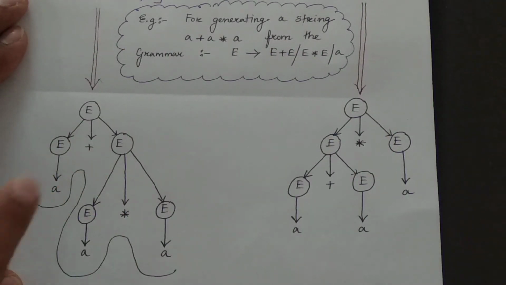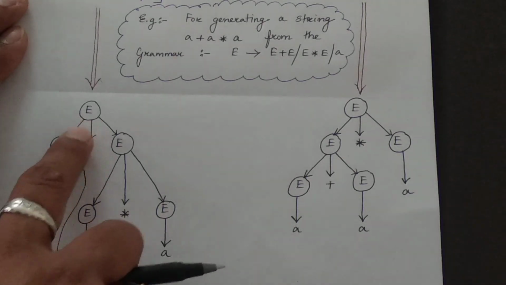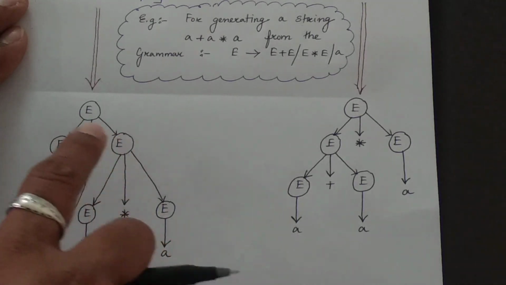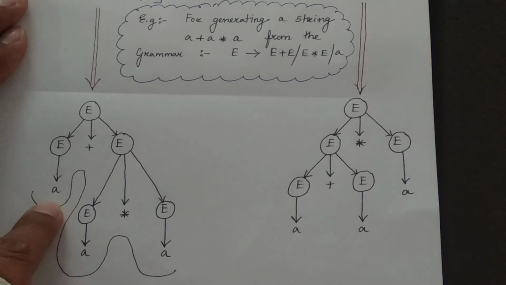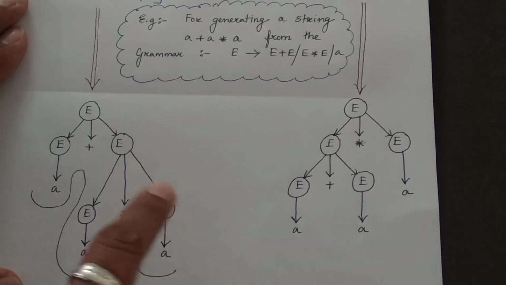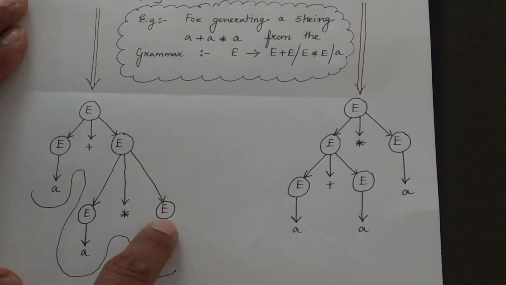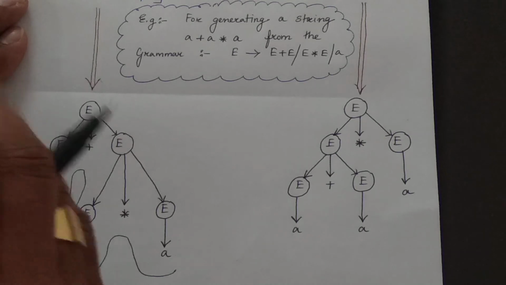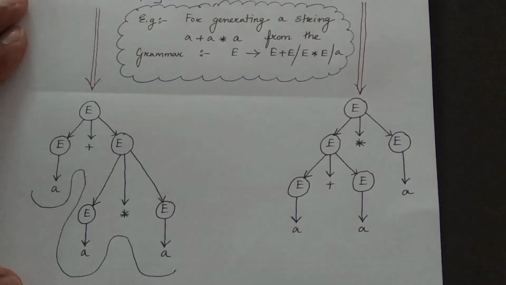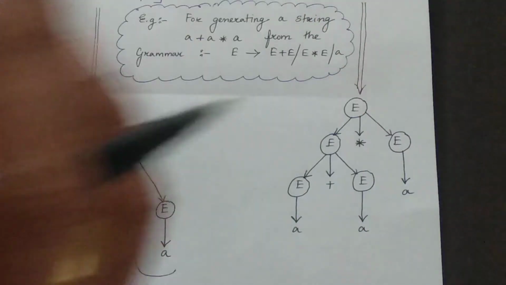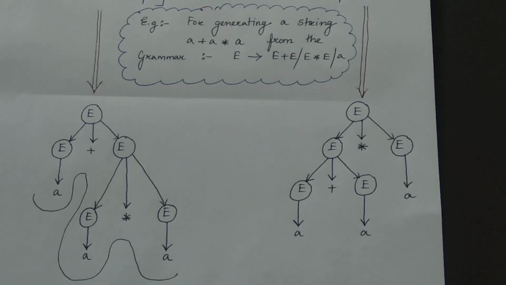And in the left derivation tree, I have done first E plus E. First I will eliminate E by a, then I will eliminate E by E asterisk E, and then I will eliminate this E by small letter a, and then finally this one. That means left-hand side till right-hand side, and right-hand side till left-hand side. This is just a brief description of the left derivation tree and right derivation tree.